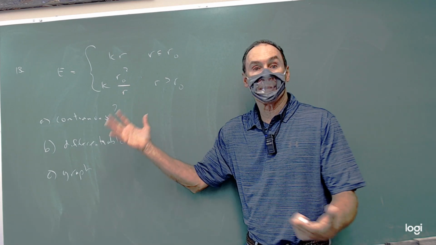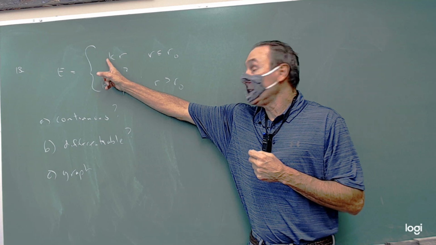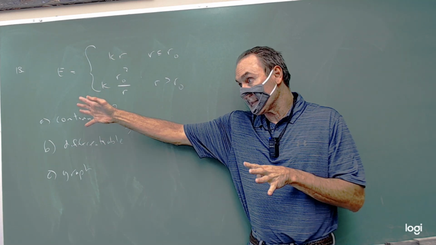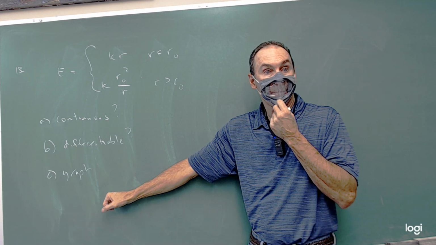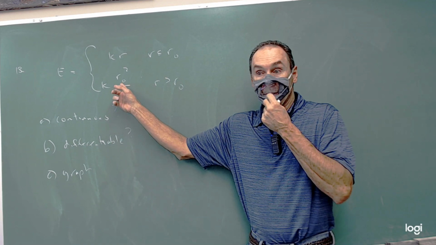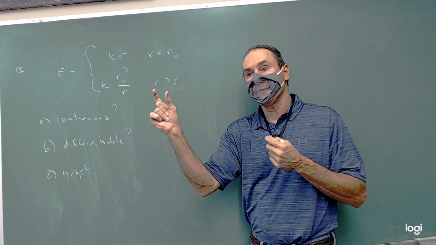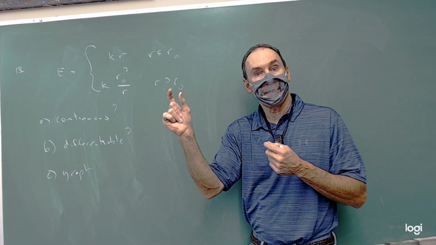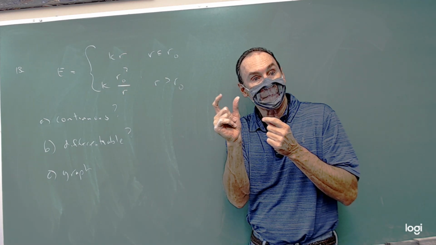Now it's really confusing here. You've got all these letters. So it's important to recognize that K is just a constant. We don't know what it is, but it's not changing throughout this problem. The R sub 0 is some other constant. I think it's like the radius of the cable. And the R is the variable. That's the thing that's changing.